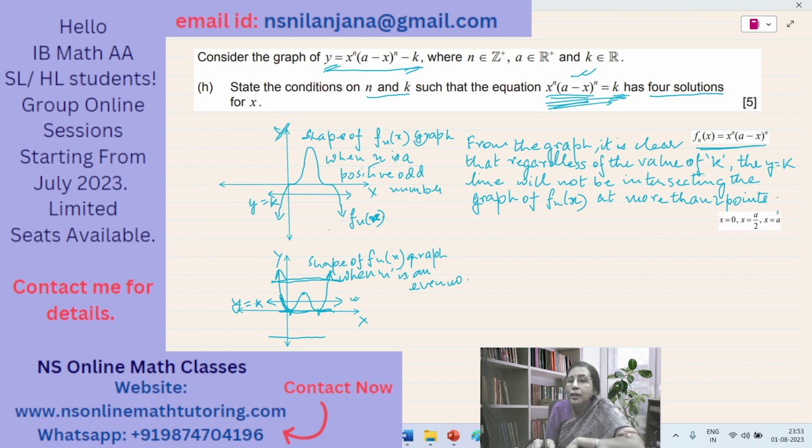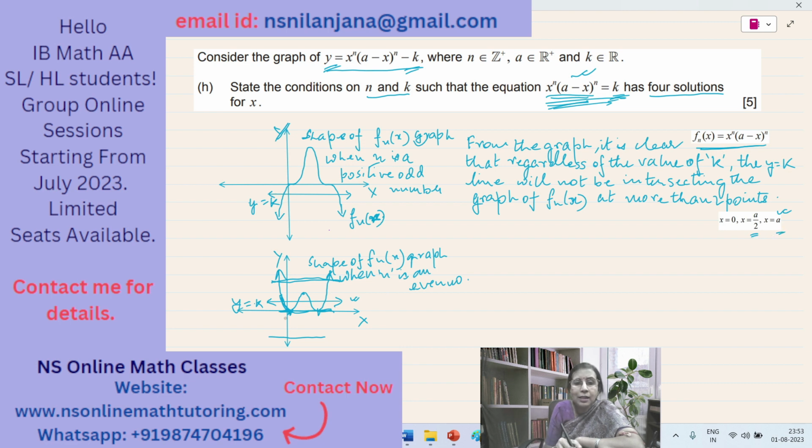Now, these are the 3 x values that we had got in subpart D. These were the 3 x values for which the first derivative of fn of x was equal to 0. Okay, so those were x equal to 0, x equal to a over 2 and x equal to a.